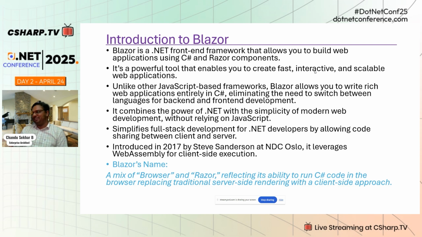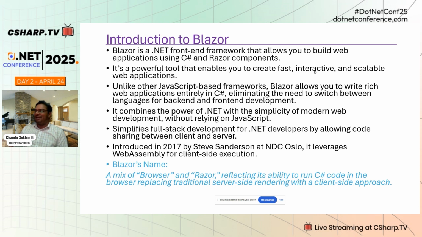But with Blazor, we can develop the web application only with C Sharp and Razor components. And we also have the capability within Blazor to interact with JavaScript as well. It's a powerful tool that enables you to create fast, interactive, and scalable web applications.